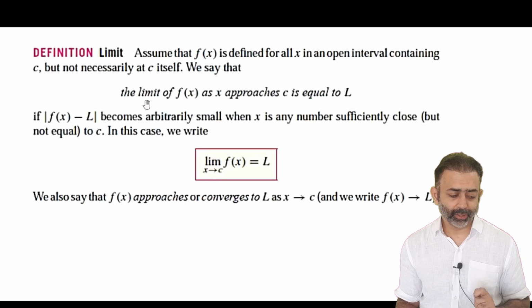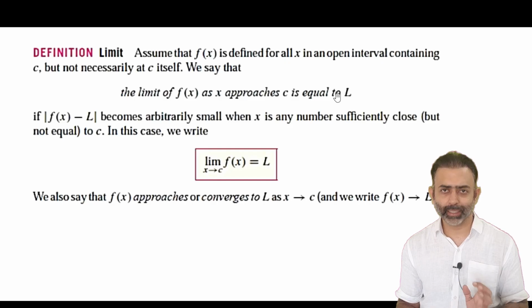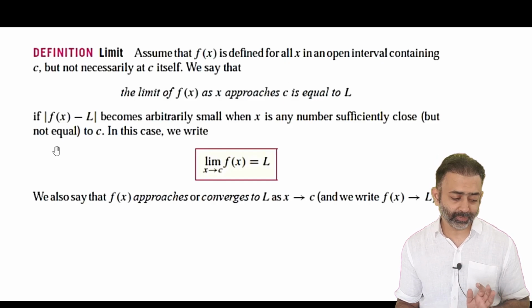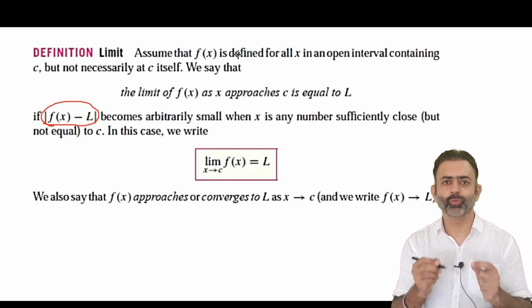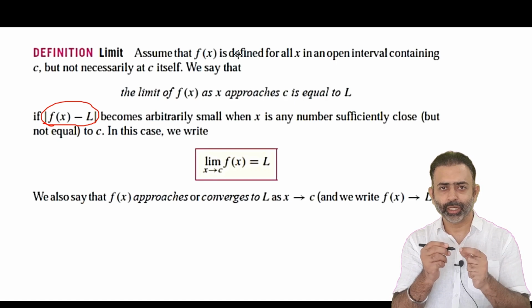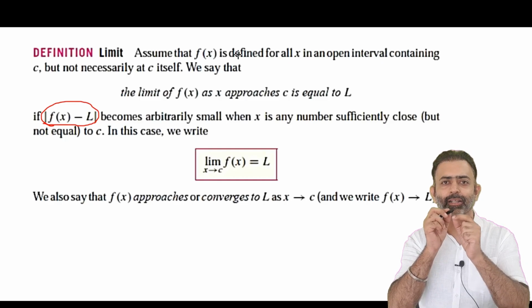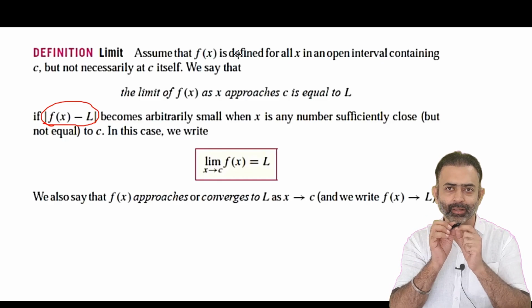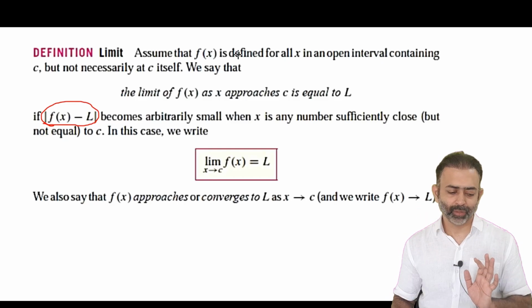We say that the limit of f(x) as x approaches c is equal to capital L, the limiting value, if the difference between the actual value of f(x) and this limiting value becomes arbitrarily small as we move closer to the point c. So you keep moving closer to a certain point, so that the difference between the actual value of the function and the limiting value is very small, almost negligible. Then we can say that L is the limit, right?